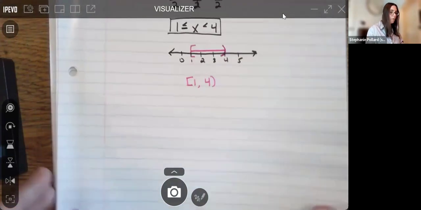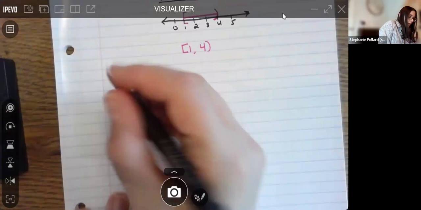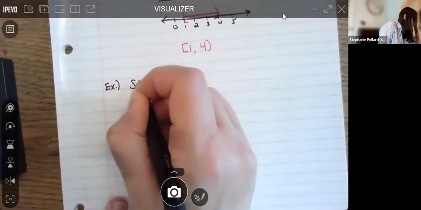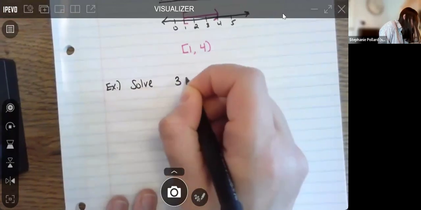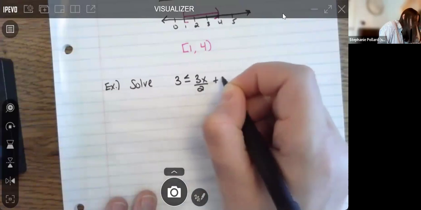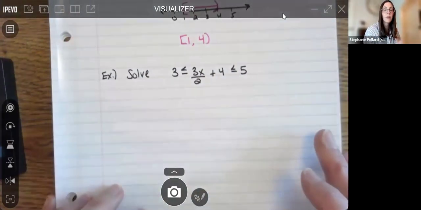All right, let me do one more of these. Okay. Now I do have a fraction here. Again, I like to clear my fractions out first.